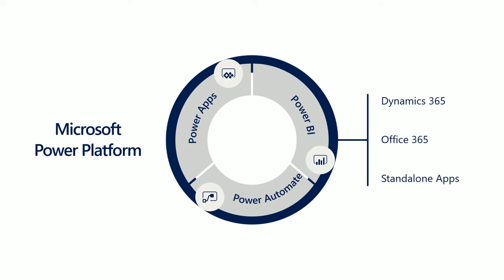It really has the ability to build business applications at scale, whether standalone apps with Power Apps, then orchestration and automation with Power Automate, and finally insights and analytics by connecting to the Power BI platform. Dynamics 365 and Office 365 are integrated into the platform from day one.